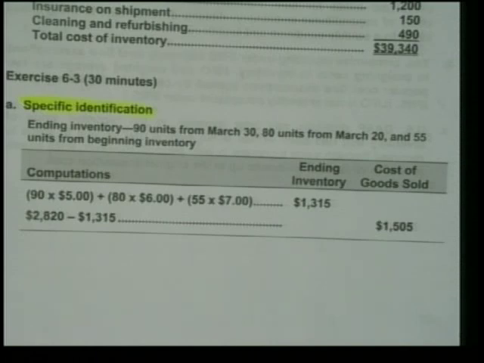And again, in specific identification method, they have to tell you exactly which ones were either sold or which ones were not sold, and then you back into the other one. Okay? So that's really the only example I think we did of specific identification.